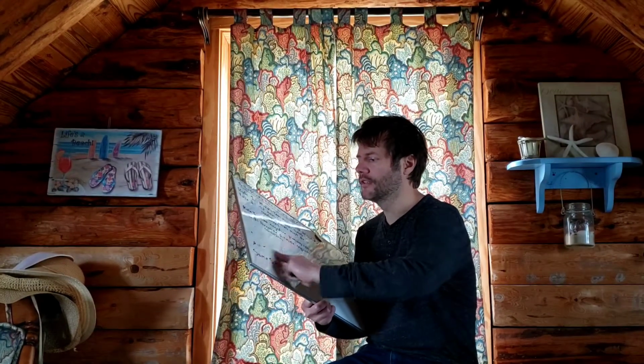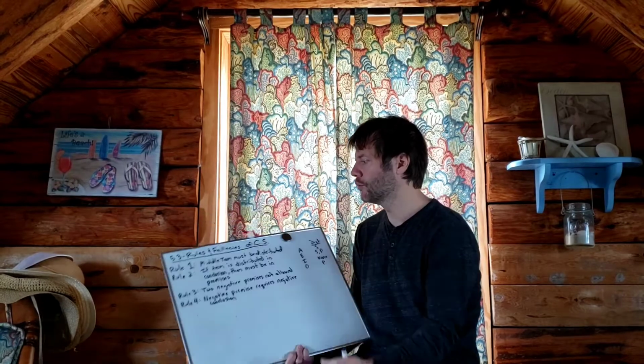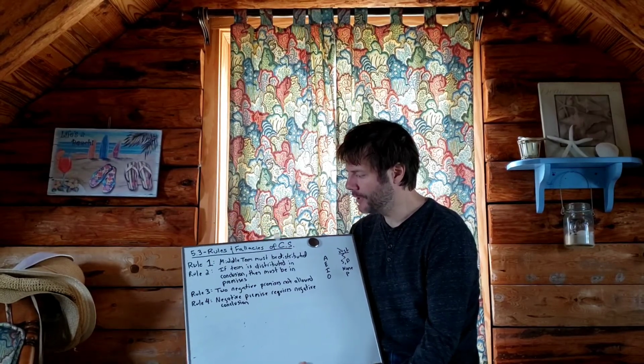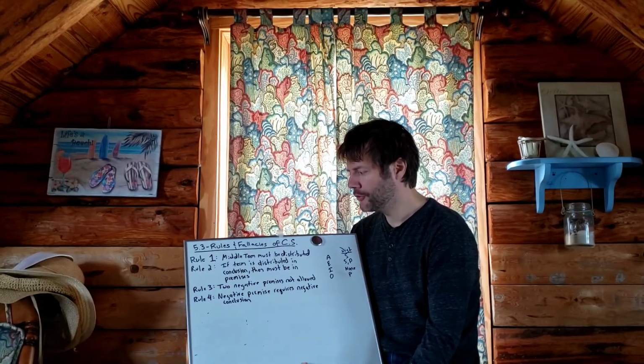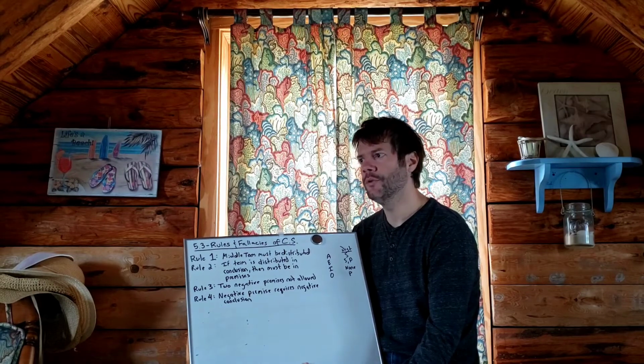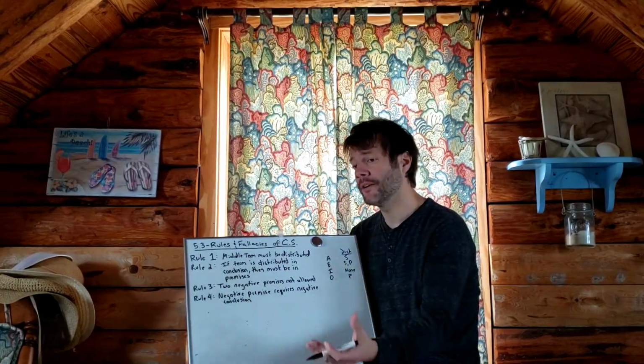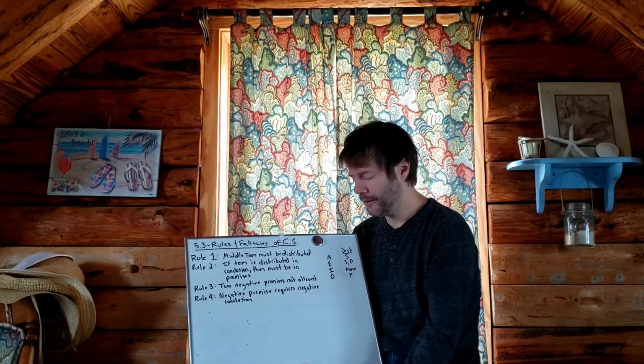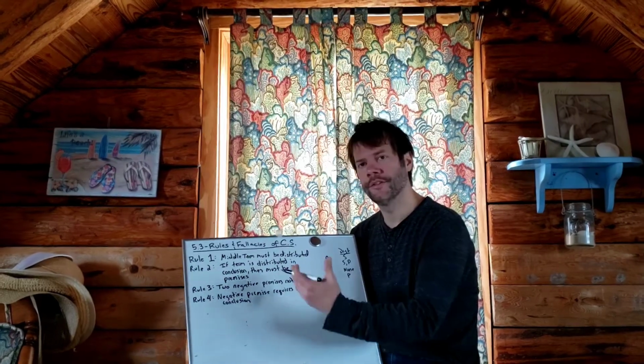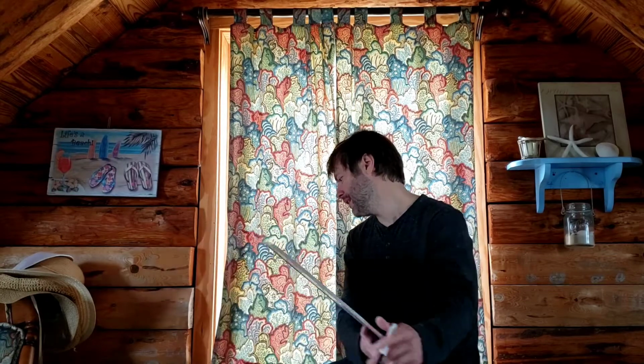Let's erase this and look at a few other ones. Rule number 2: if a term is distributed in the conclusion, then it must be distributed in the premises. So it's saying that if the minor or major term is distributed in the conclusion, then it also has to be distributed at some point in the premises. Let me give you an example.